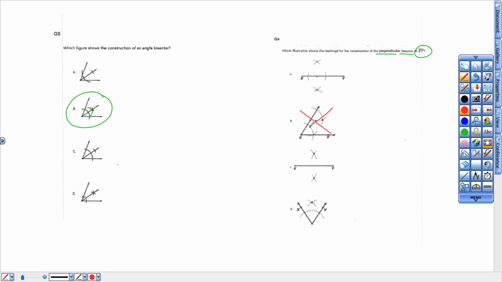That's line segment XY. So don't pick any of those angles. This is the only one that has it bisect, which means cut in half. This one is clearly not chopping this piece in half, so that's why we don't want you to choose that one. That's not a perpendicular bisector construction.